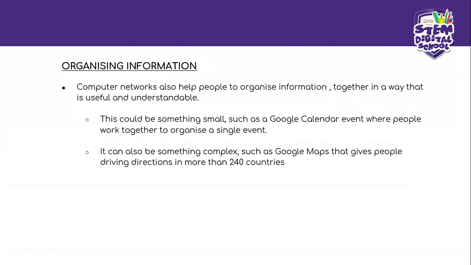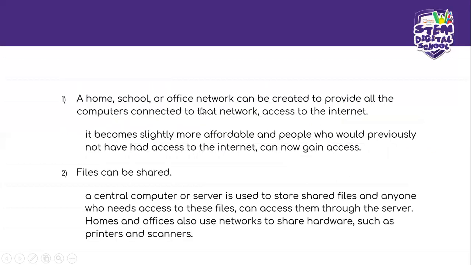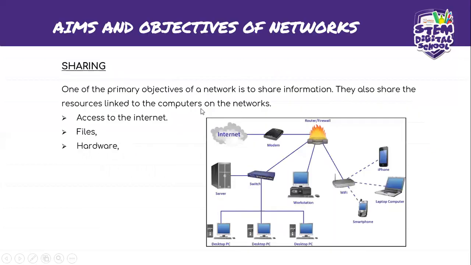So the first one is sharing. Sharing of what? Access to the internet, like the Wi-Fi. These ones are sharing access to the internet. Files, these ones are sharing information that is in the server. Hardware, they can also share the same printer.